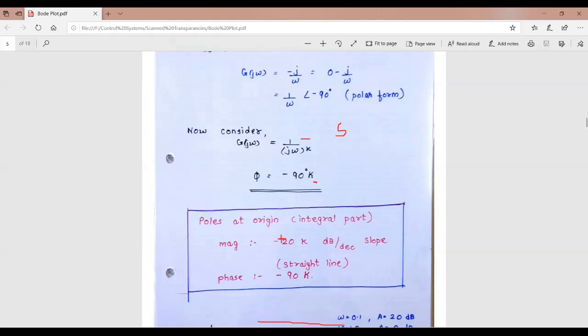If you have a single pole, you will have minus 20 log of omega and minus 90 degrees. This is the contribution of a single pole at origin in the Bode plot. Similarly, if you have a 0 at origin, everything is similar but with a plus sign. A single 0 at origin will contribute plus 20 log of omega for magnitude and plus 90 degrees for phase.